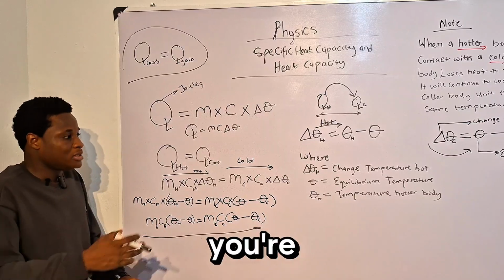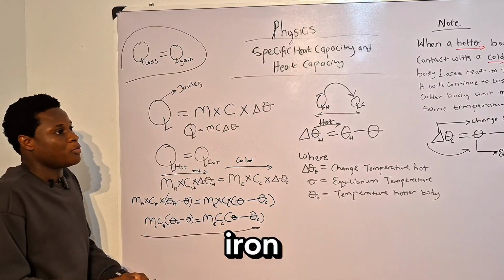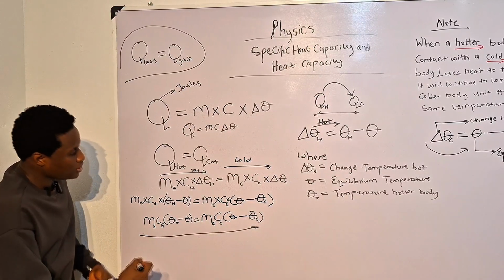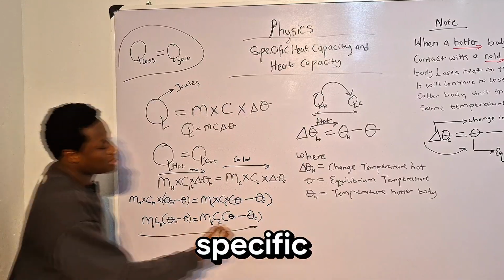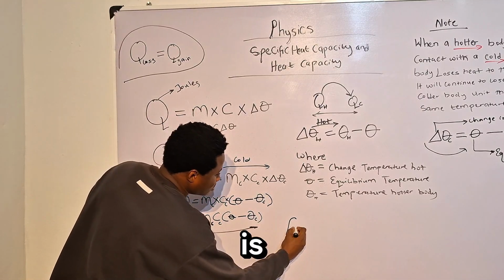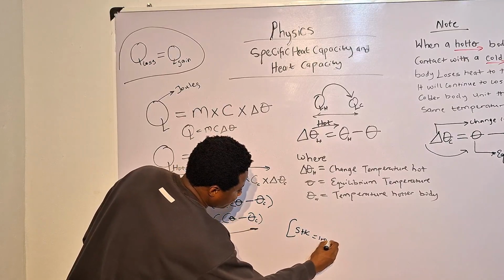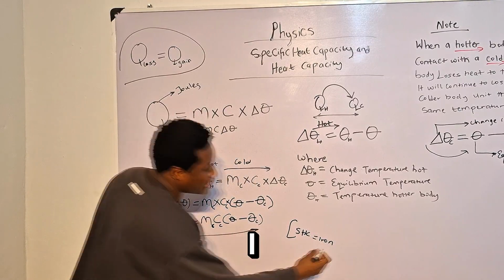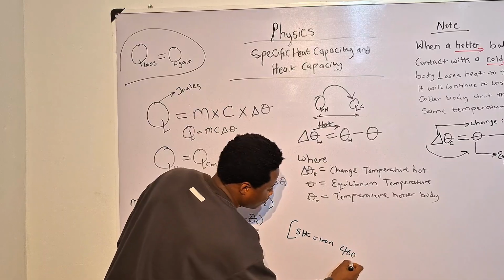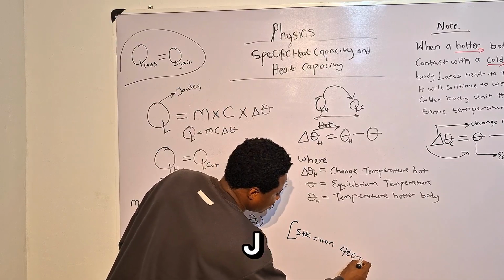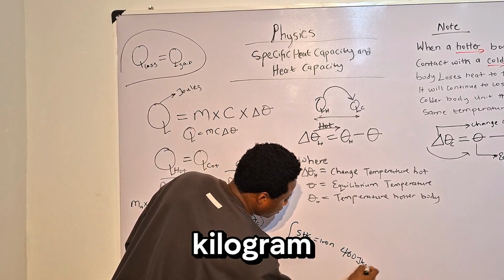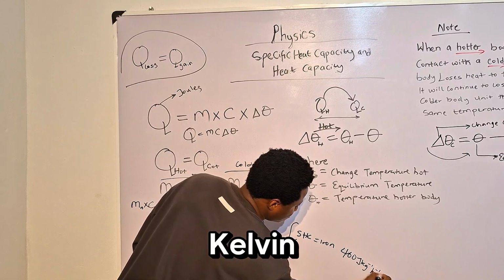Let's say you're mixing water and iron, you're pouring water and iron. We know that the specific heat capacity of iron is around, I think, 460 joules per kilogram per Kelvin.